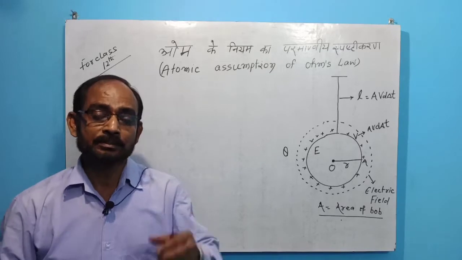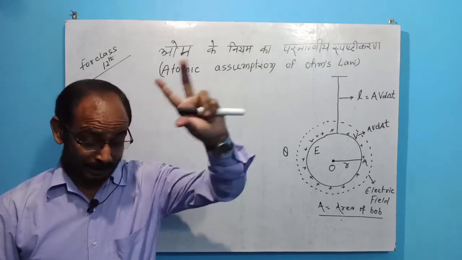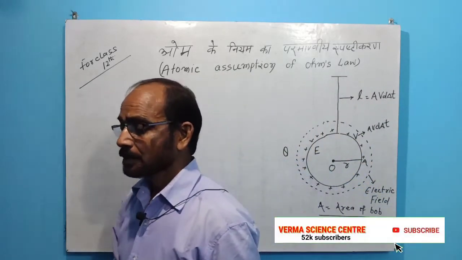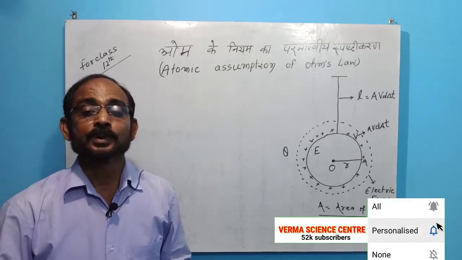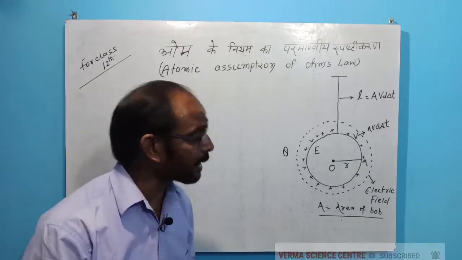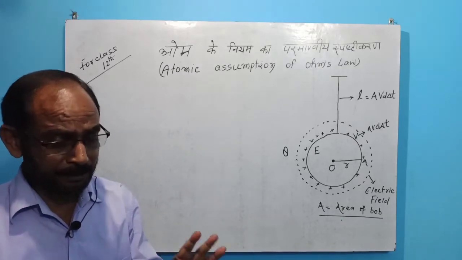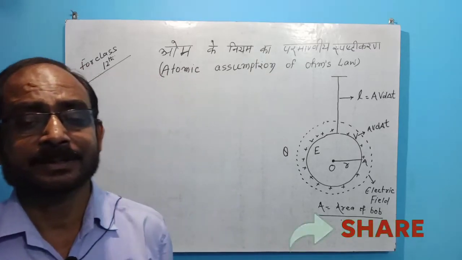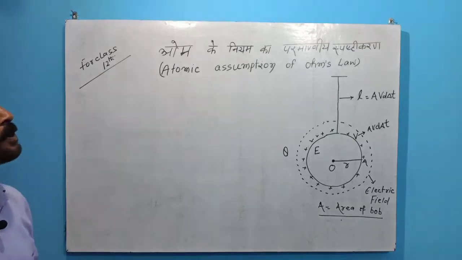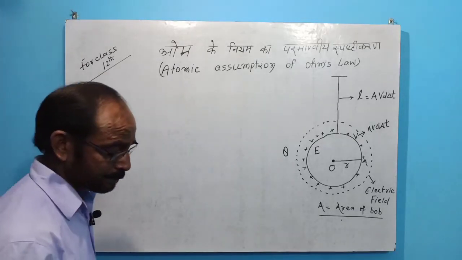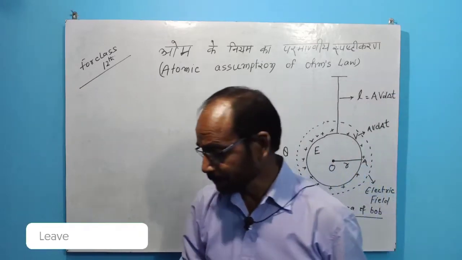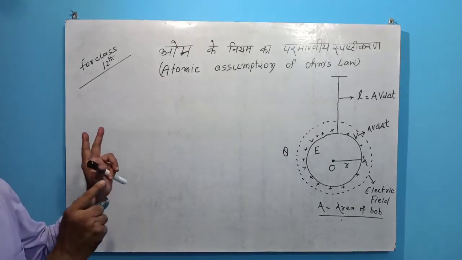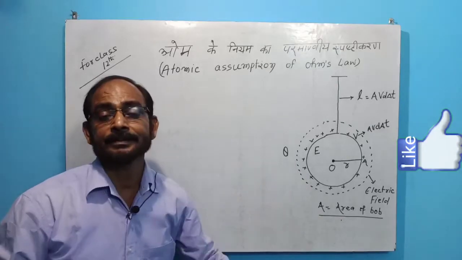Ohm's law, as you studied in the junior class, is stated as: at constant temperature, the potential difference is directly proportional to the resistance of the conductor.